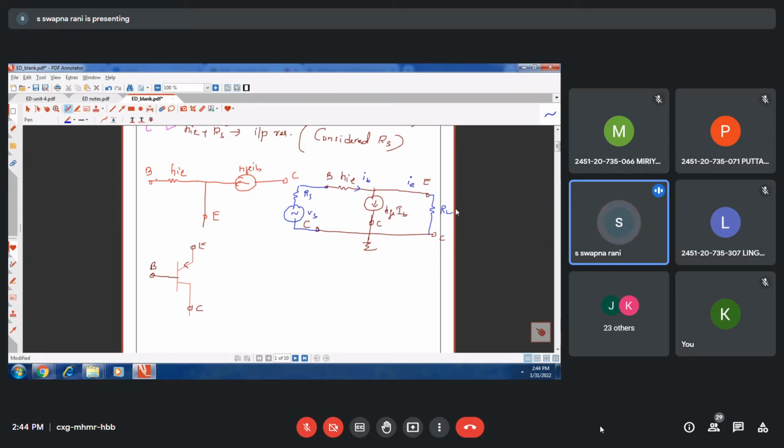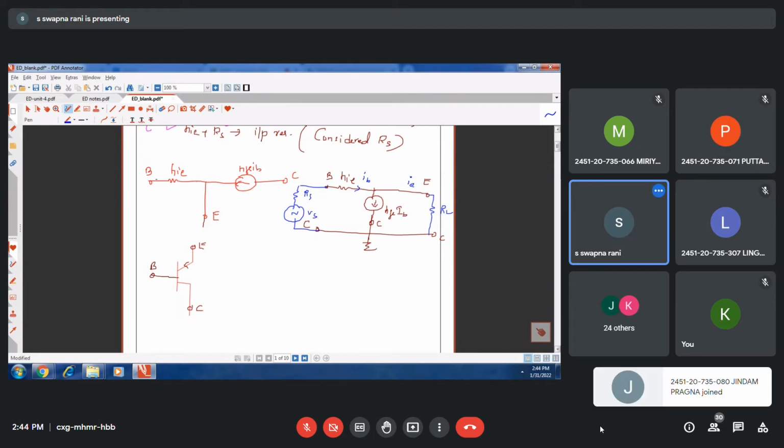So even for the common collector amplifier, the same procedure: find out AV, AI, Ri, Ro. So we will find for common collector.